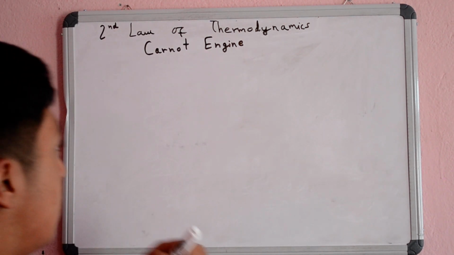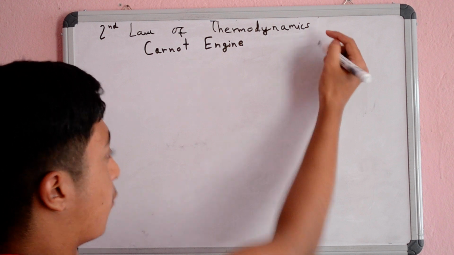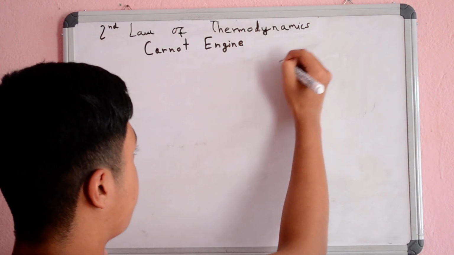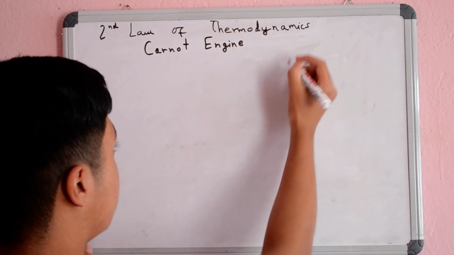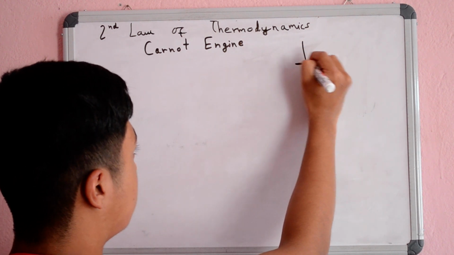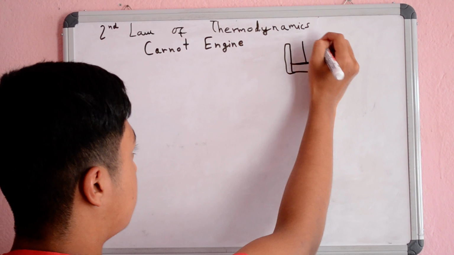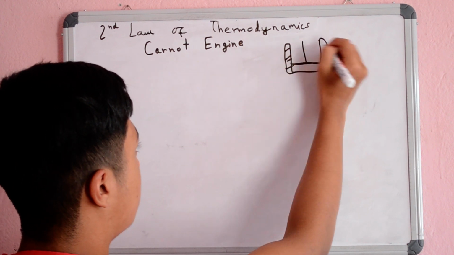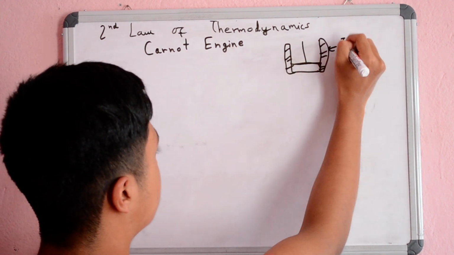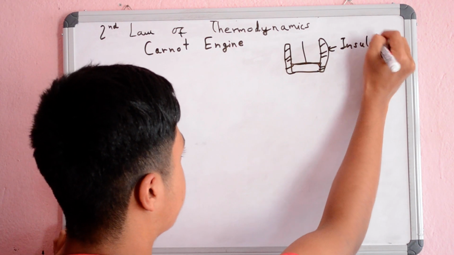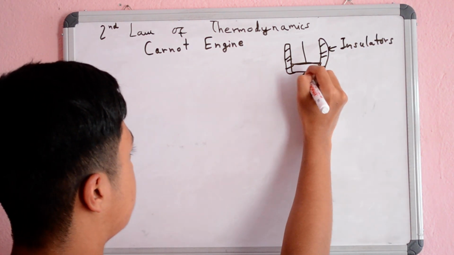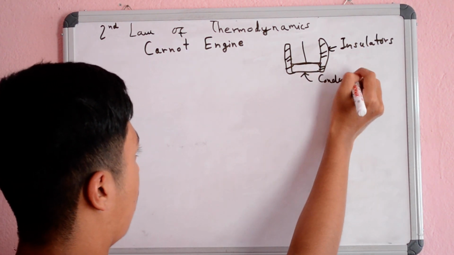So here in his system there are four working parts. So first is the ideal gas taken in a cylinder like this, and here the walls of it are insulators. These are insulators, and this is a conducting wall.